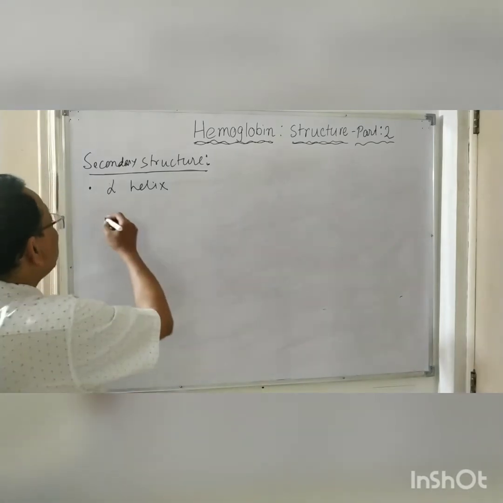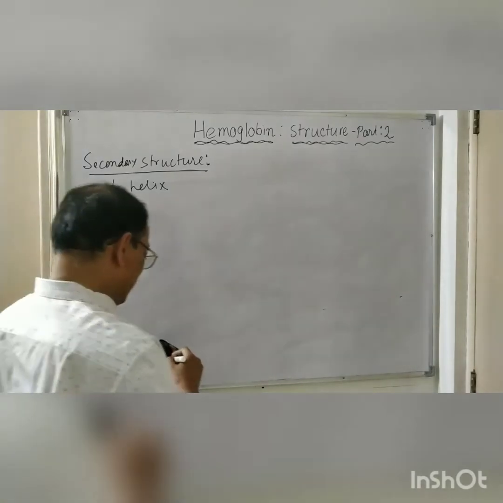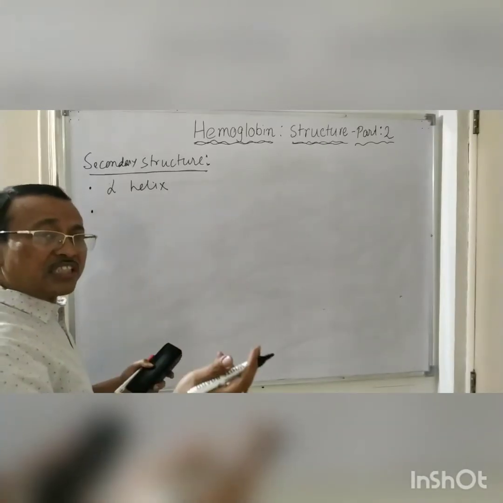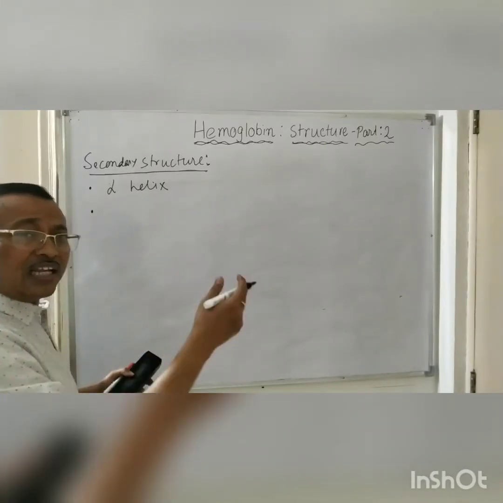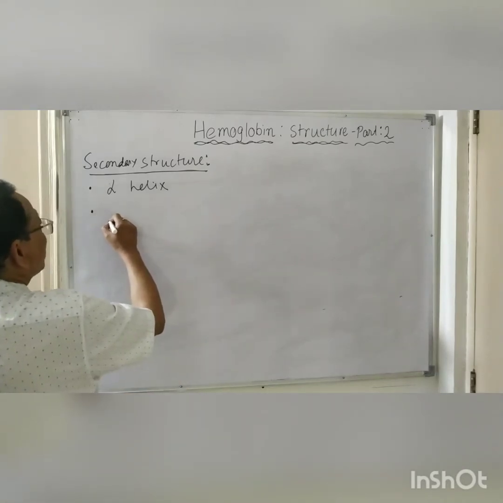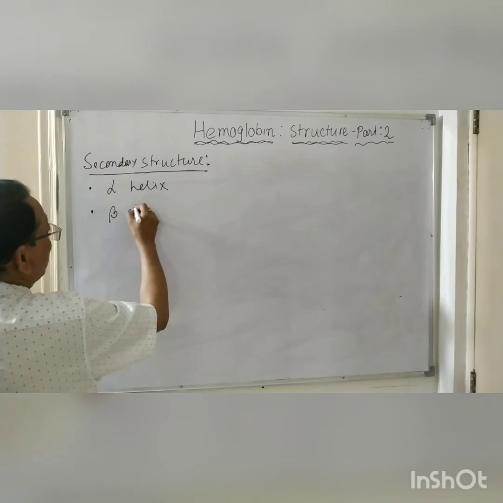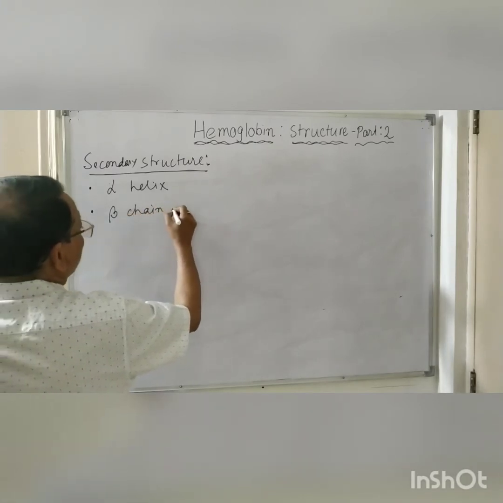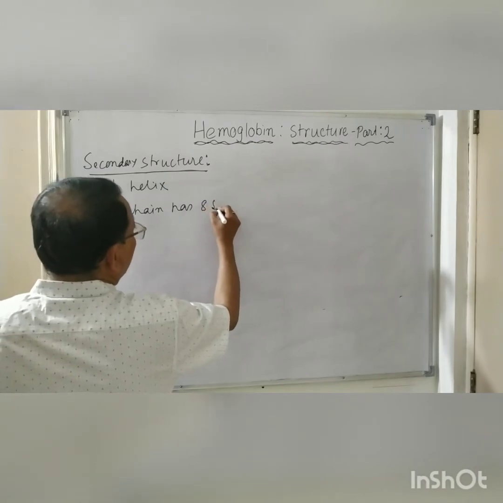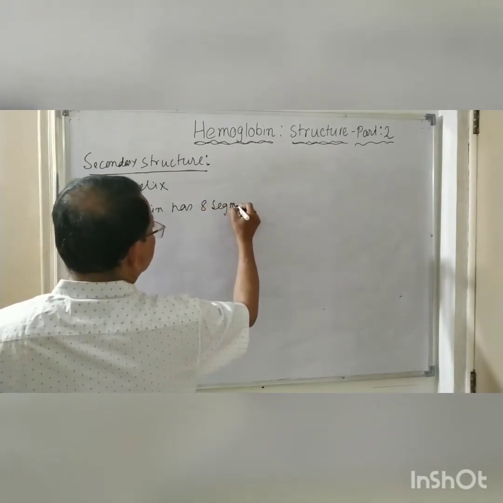And in this case, what is happening? Each of these alpha or beta chains, that is alpha helical, has 8 segments, 8 subsegments.